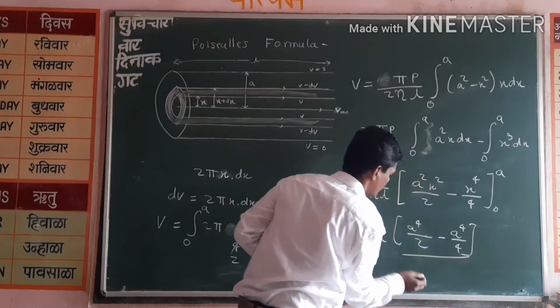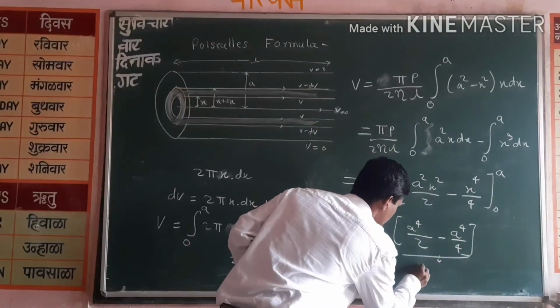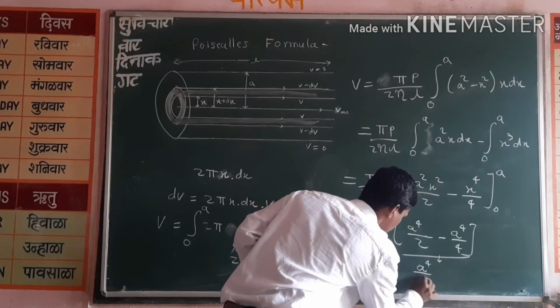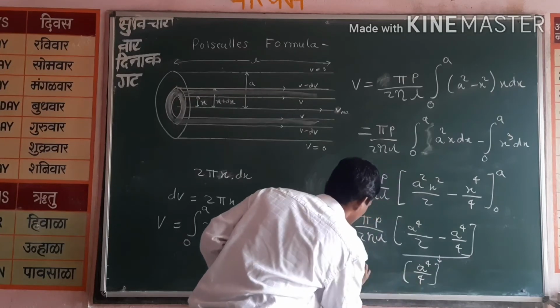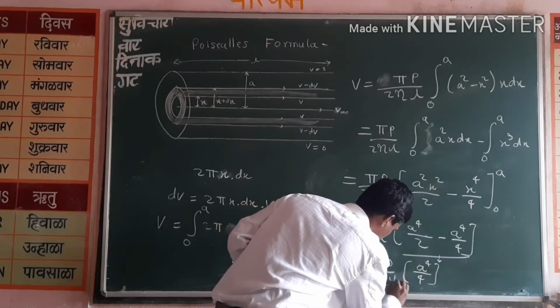Solving this, we get a⁴/4, so πp a⁴ / 8ηL.